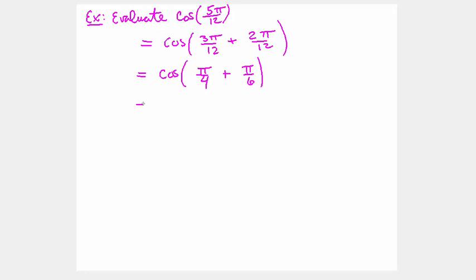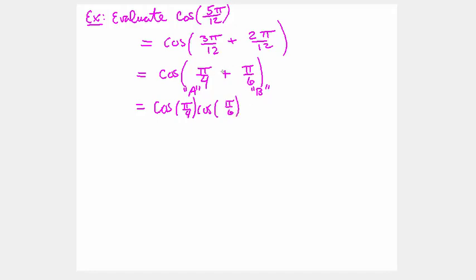Let's go ahead and apply our cosine sum of angles identity and rewrite this to be cosine of first angle, which, remember, this first one is kind of like A, and the second one is kind of like the B if you're matching up the formulas. So cosine of A plus B is cosine A, which is pi over 4, times the cosine of B, which is pi over 6.